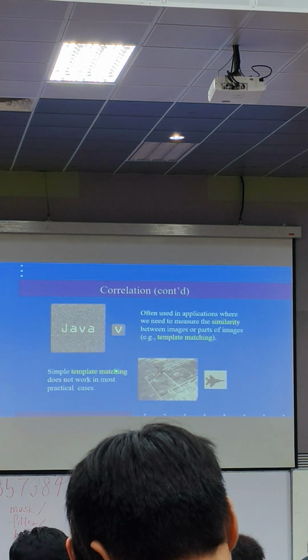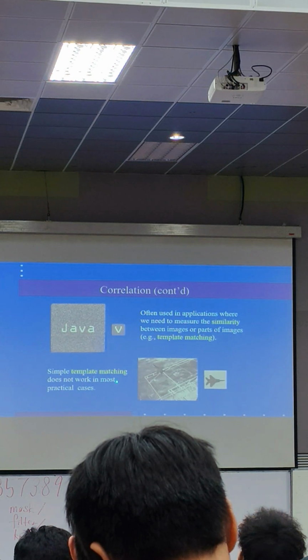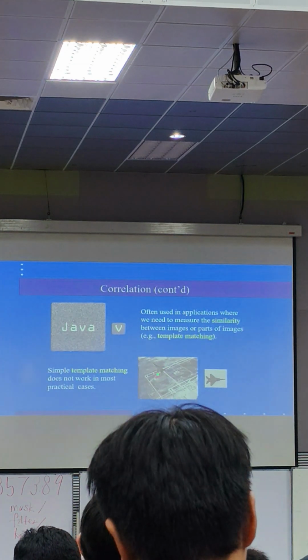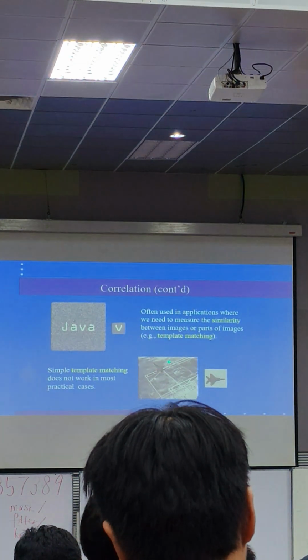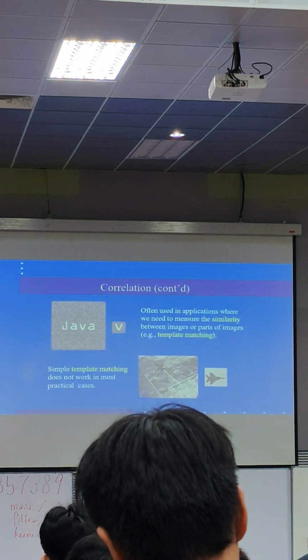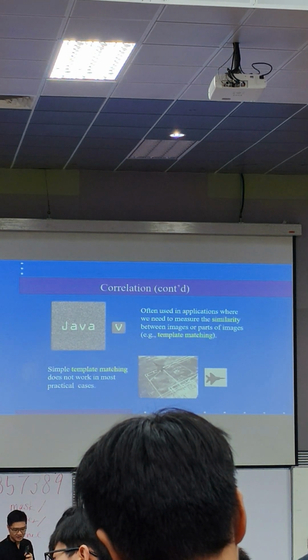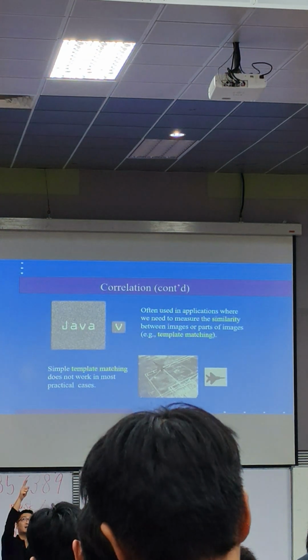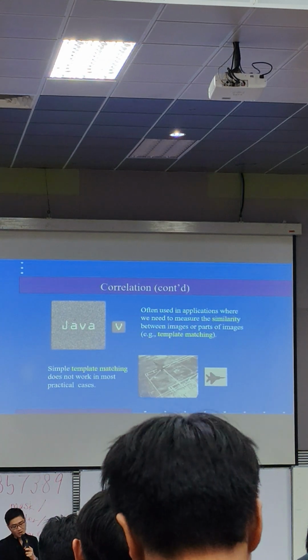Simple template matching does not work in most practical cases, where the orientation of the object that we want to detect is somehow different, which is true. I have this table. Whatever I put onto the table, the camera is going to detect how many objects are there.